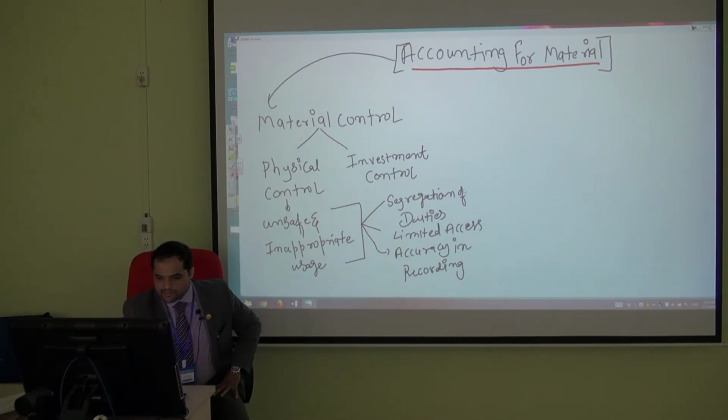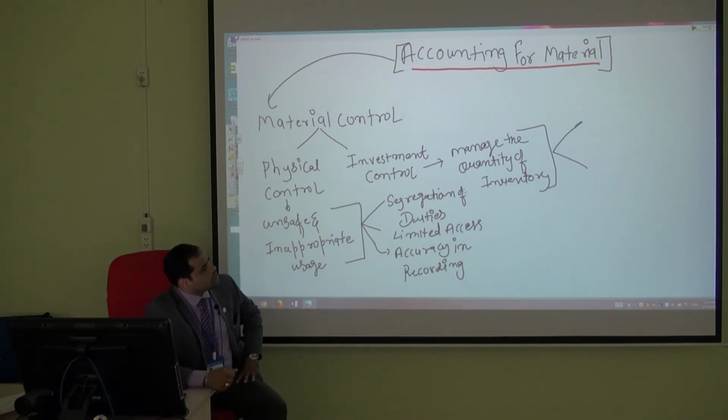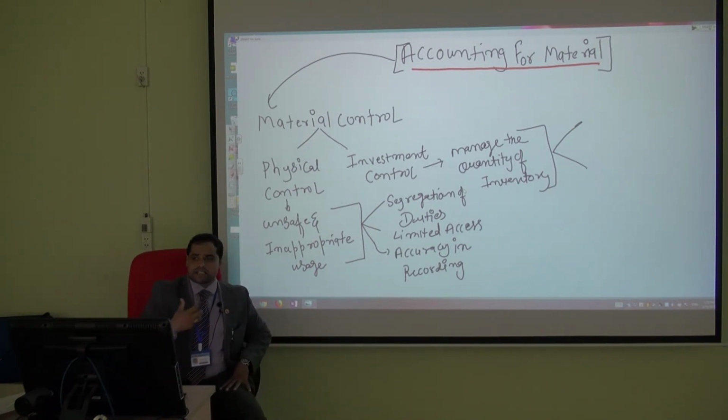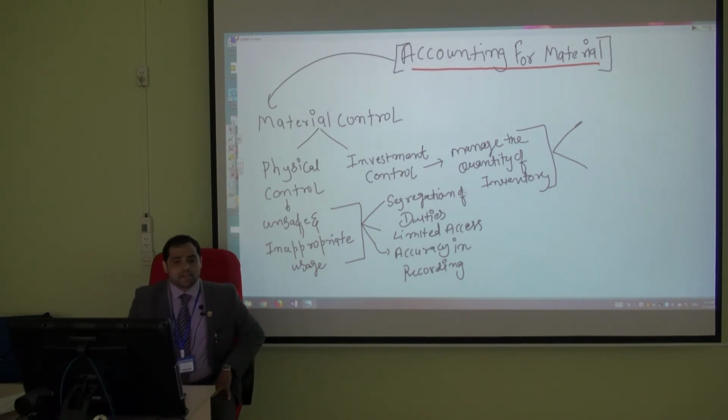Alright. Managing the quantity of raw materials means how we can take care of our raw material, the recording system or the managing system of the inventory.